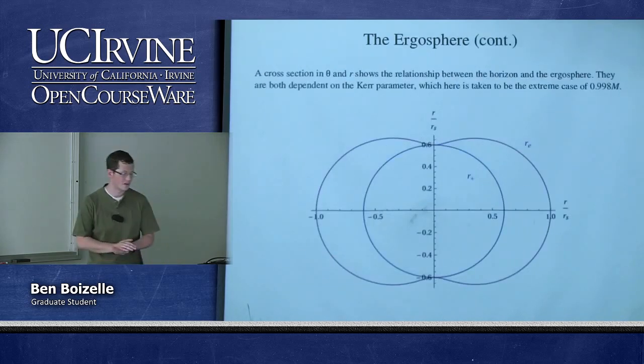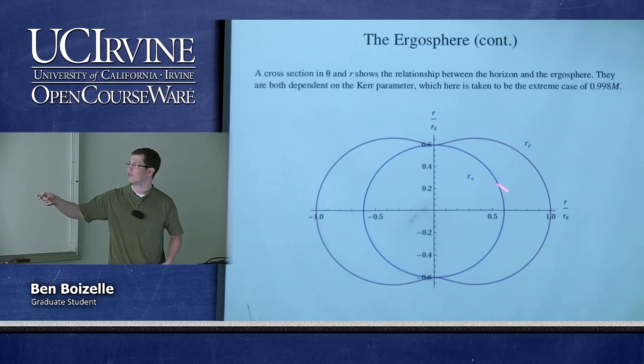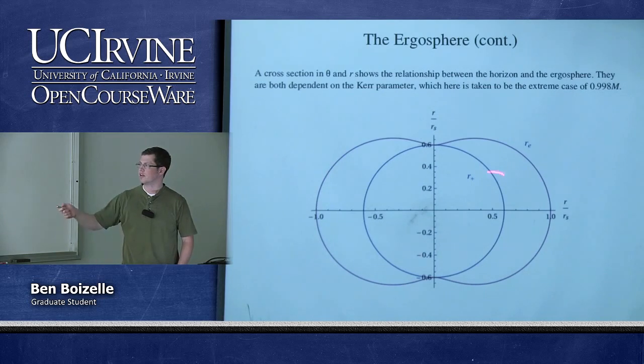Just a brief thing towards the end. This is just a slice of the event horizon R+ here and the ergosphere for an extreme black hole, just to emphasize the difference between them. So you're able to see that, what would that be?